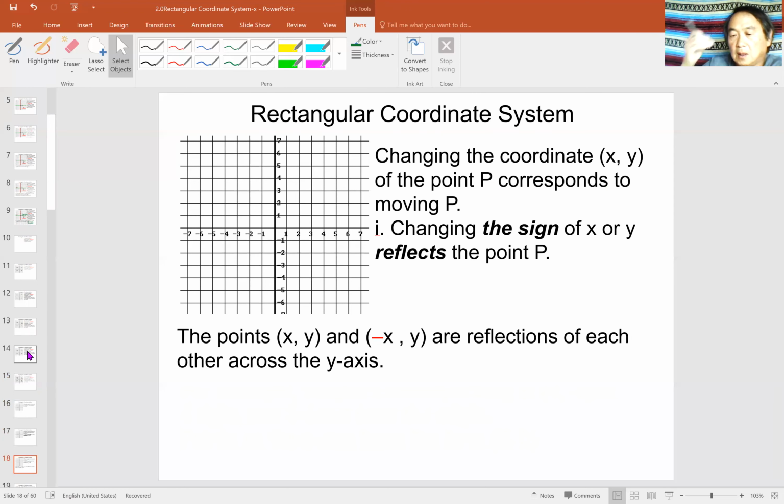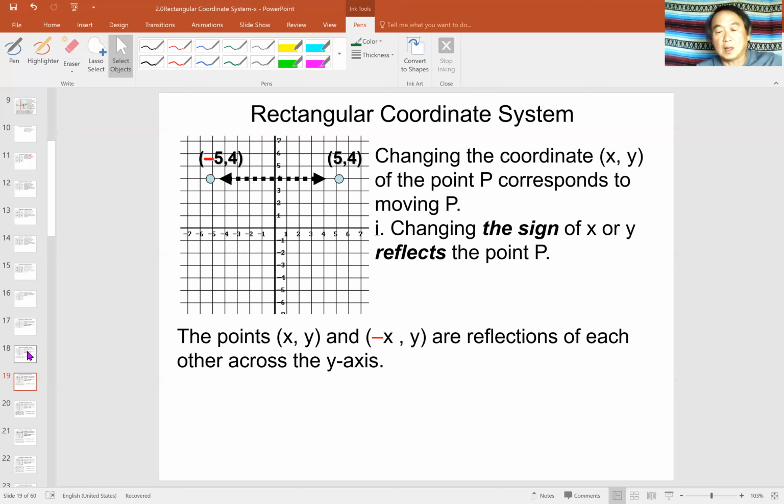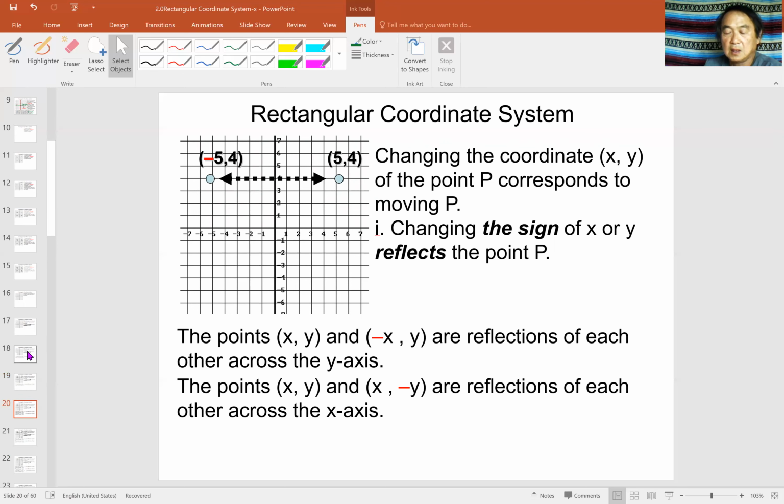What else? When we play around with the coordinates, it actually moves the point. For instance, if I locate the point (x, y), then the point (-x, y) will be across on the other side. Similarly, if I change the y to negative, then the positions of the 2 points are reflected up and down.